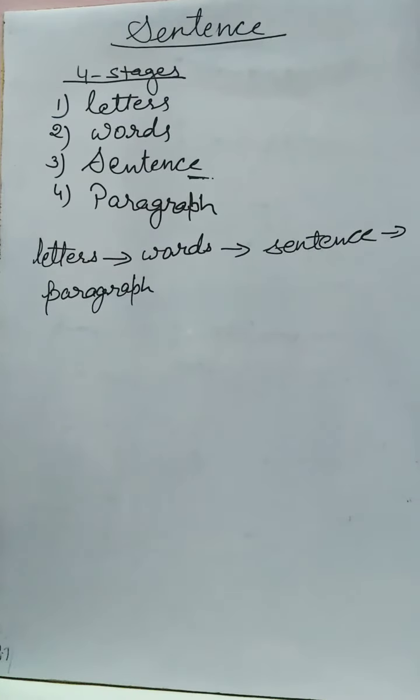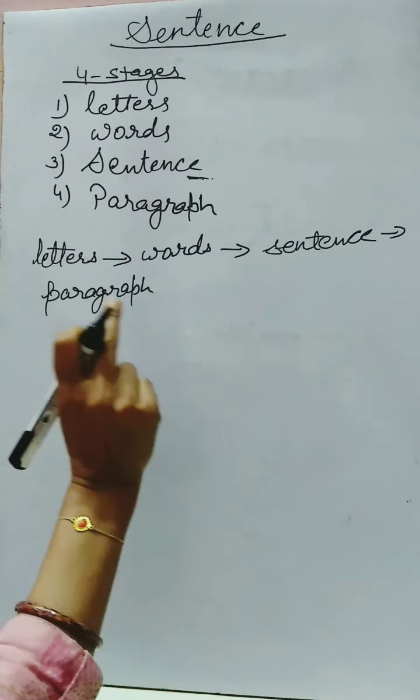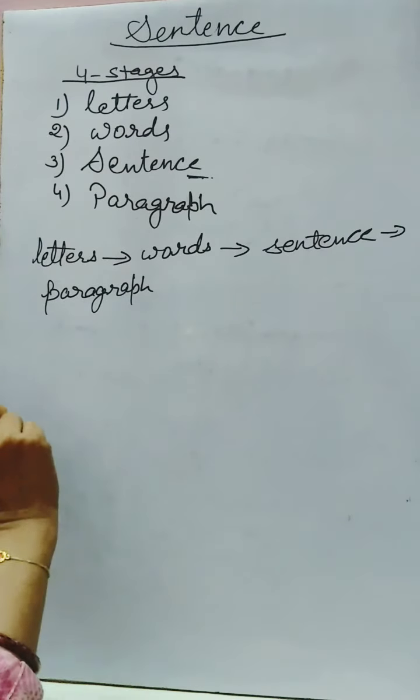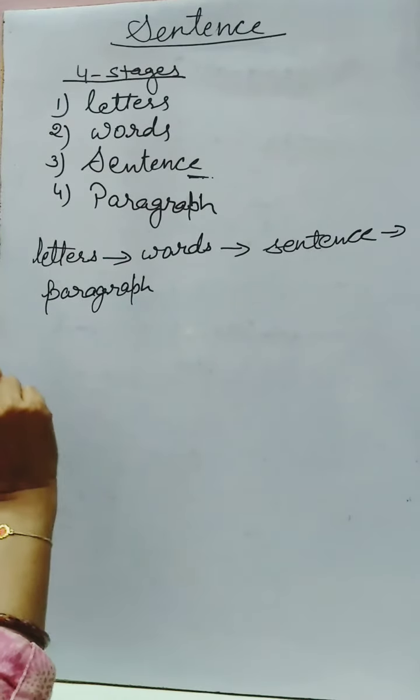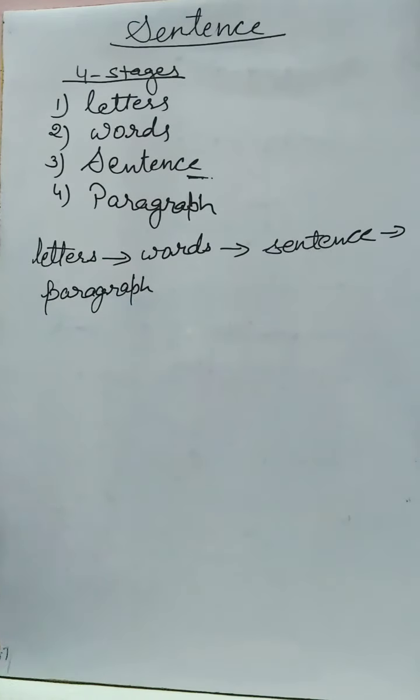Now I will tell you about this sentence. The group of meaningful words arranged in the correct order is called a sentence. And the most important thing is to know how to form a correct sentence.